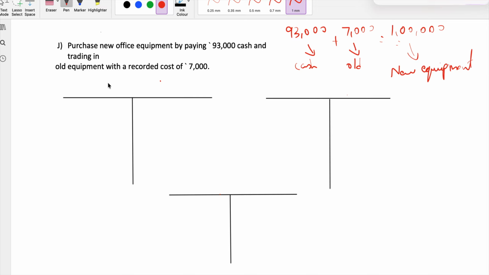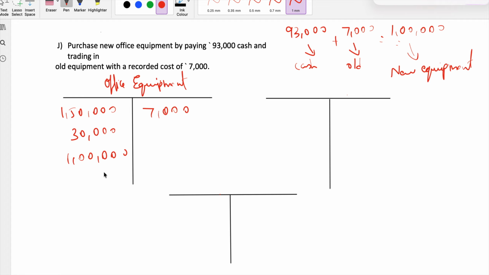So this is the office equipment account. So there is already 1,50,000, 30,000. Now 1 lakh has come in and 7,000 has been sold off. Now 1 lakh has come in, increase in asset, we are debiting it. 7,000 decrease in asset, since it has been sold off, we are crediting it.